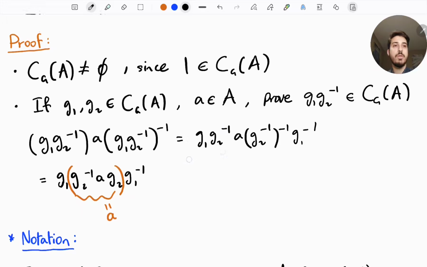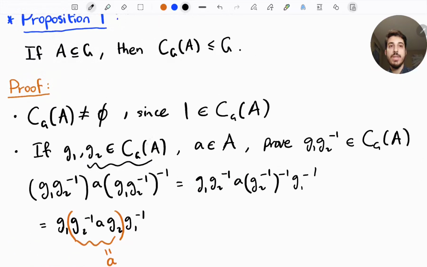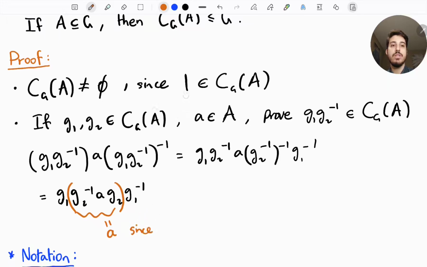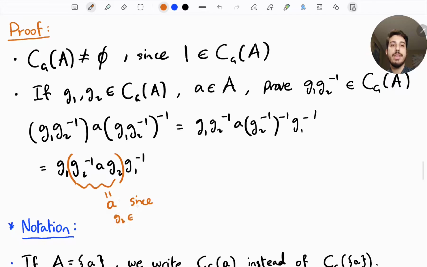Why is that? Well, remember that g2 is in the centralizer of A in G. So since g2 is in the centralizer, we have that g2 a g2 inverse is equal to a, and applying g2 inverse on both sides of the equation, and applying g2 on both sides of the equation, we will have this relation.